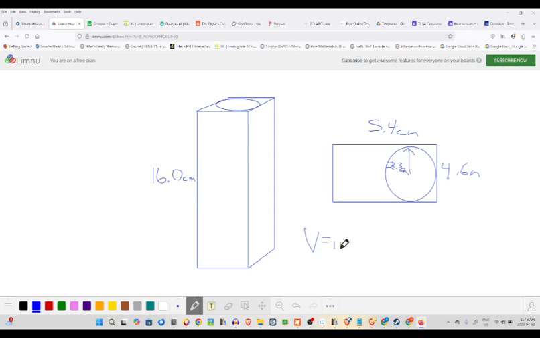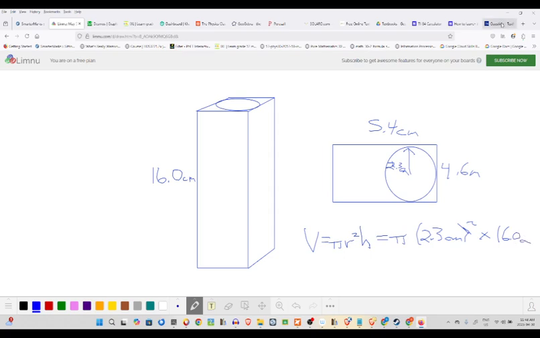Volume is pi r squared h. Pi times 2.3 centimeters squared times 16.0 centimeters.